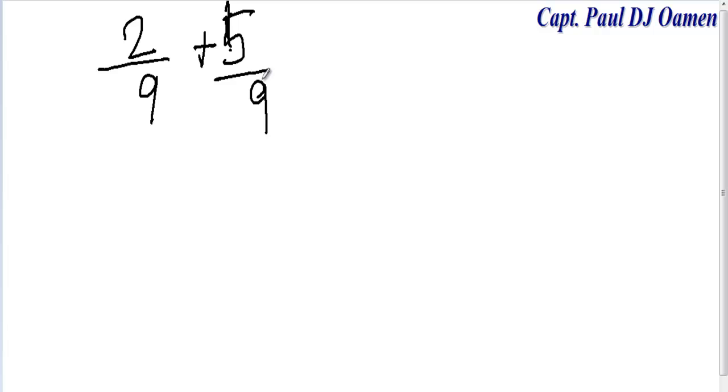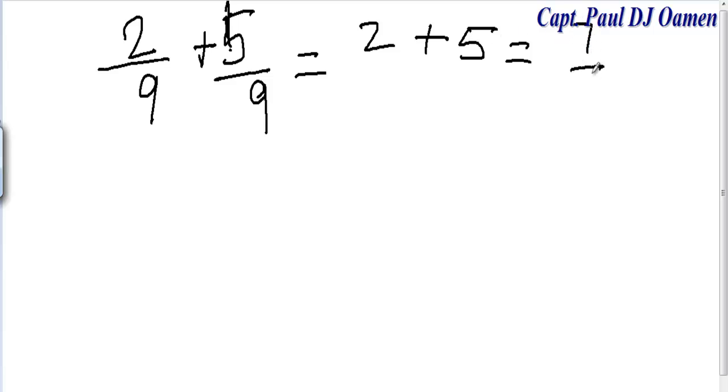So all you just need to do is to add the top bits together. You must show the solution to your answer, which is 2 plus 5 equals 7, and you just carry the 9 over.